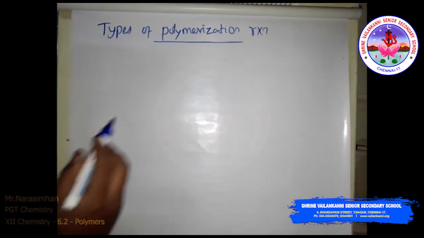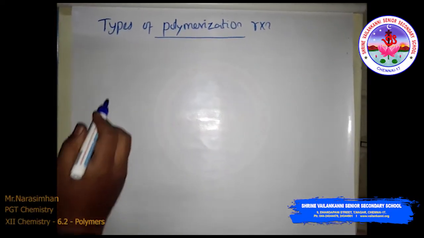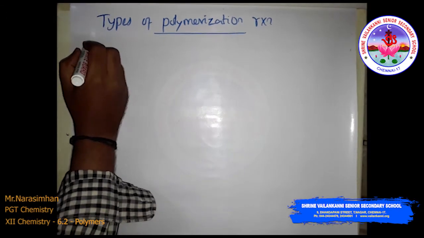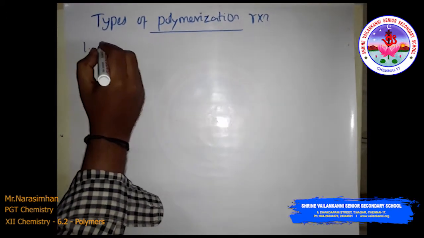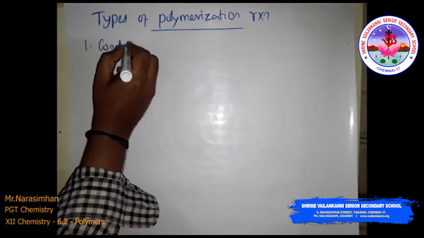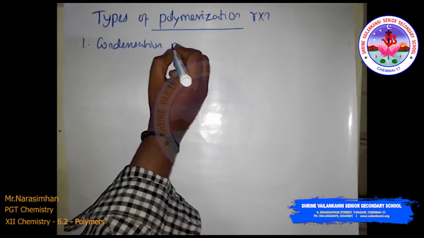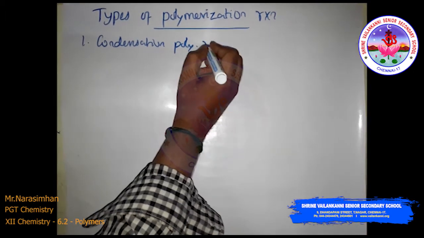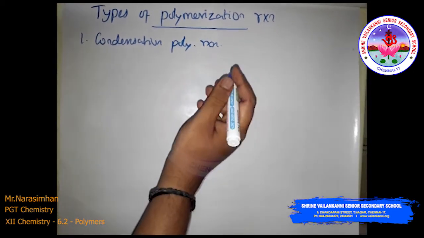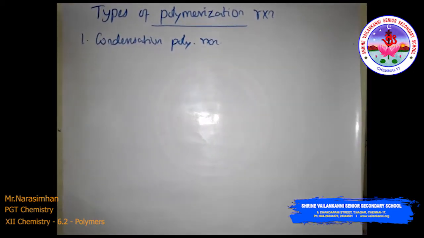Types of polymerization reaction. The first one is the condensation polymerization reaction, or step growth polymerization reaction.